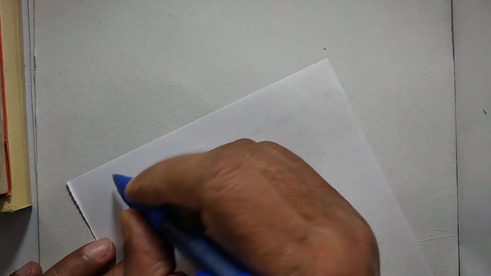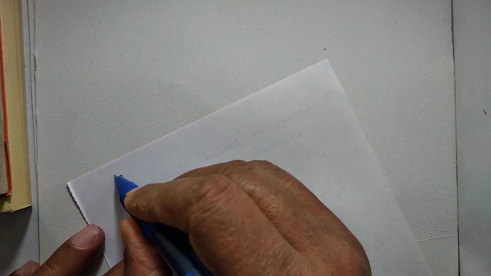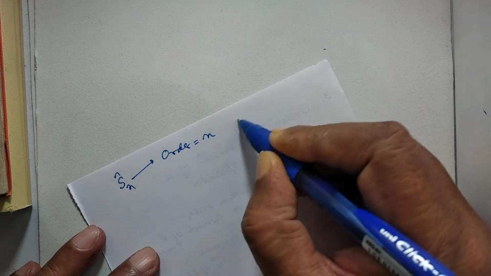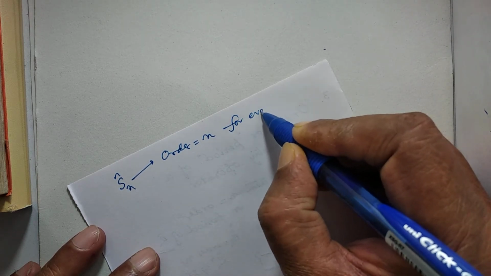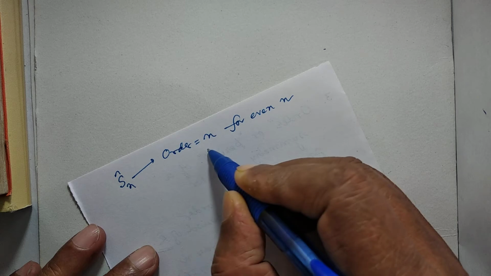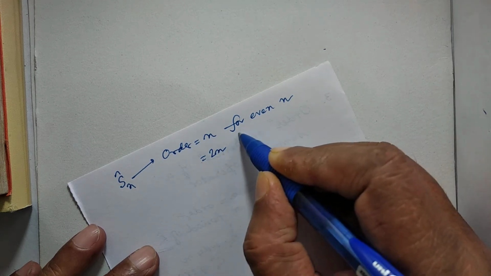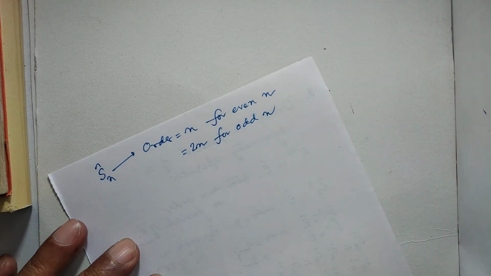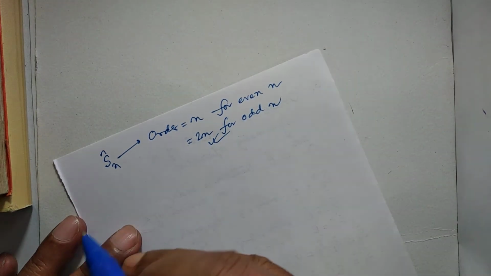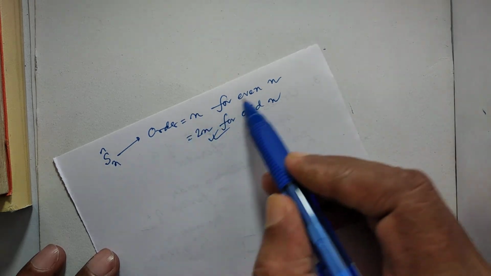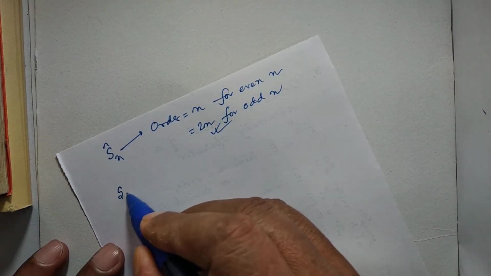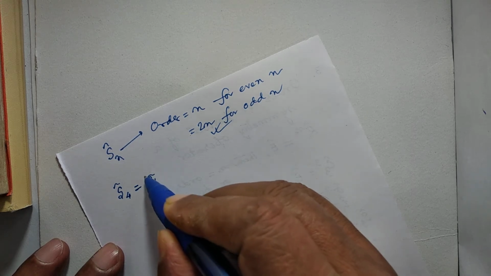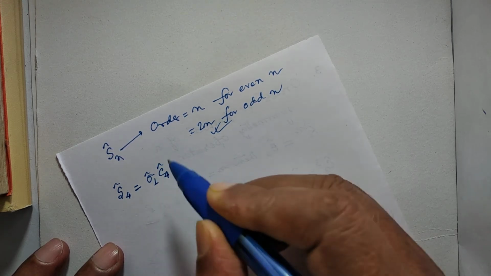We have a general rule. The Sn operator has order equal to n for even n and equal to 2n for odd n. We have verified this just now, and to verify this, let us consider the S4 operator. This is sigma perpendicular C4.